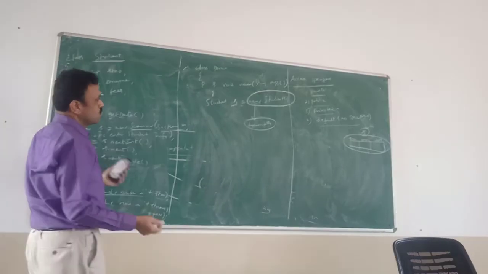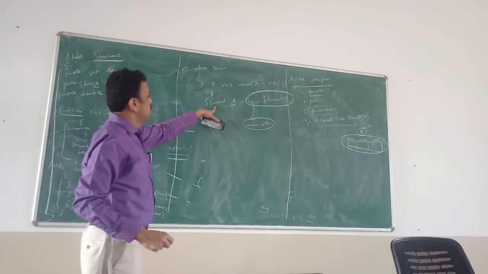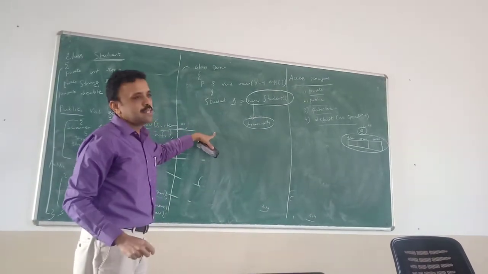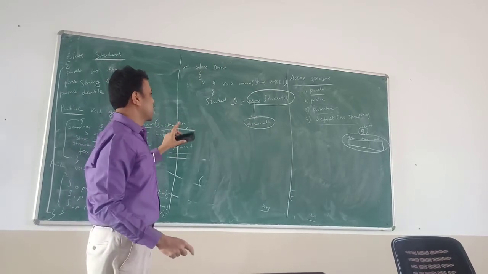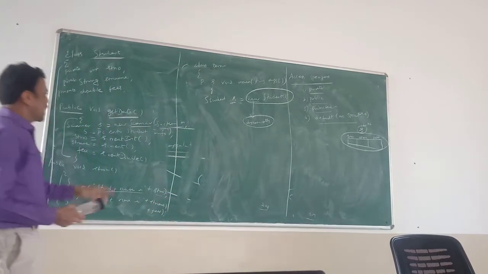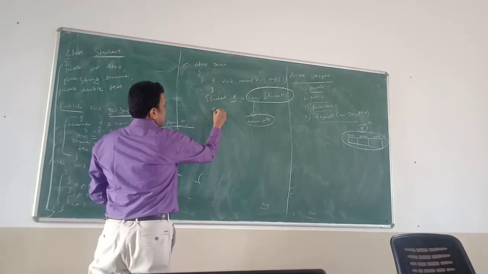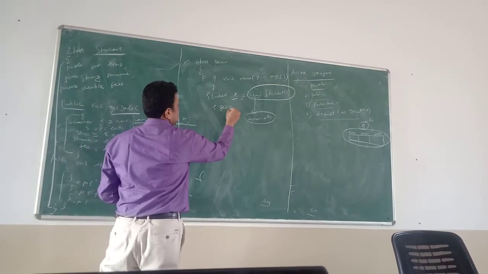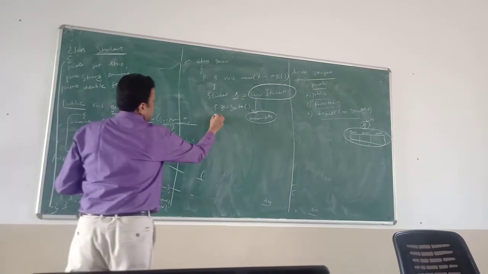So I need to call a method. The object programmer or object creator will write it, and the user knows only one thing: when I want to accept data, I need to call a method called getData. So I just say s.getData, and next s.show.